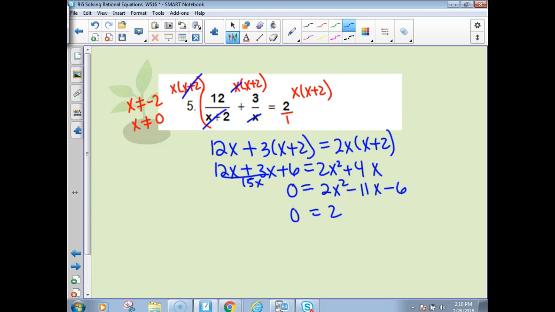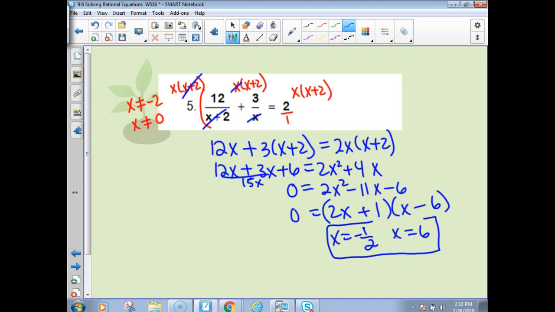I'm going to factor that: 2x times x. For the factors, I have to do 6, and it has to be a minus 6 and a plus 1. Set those to 0. x is going to be -1/2, and the other one, x would equal +6. Neither of those are excluded from the domain, so those are both solutions to the problem.